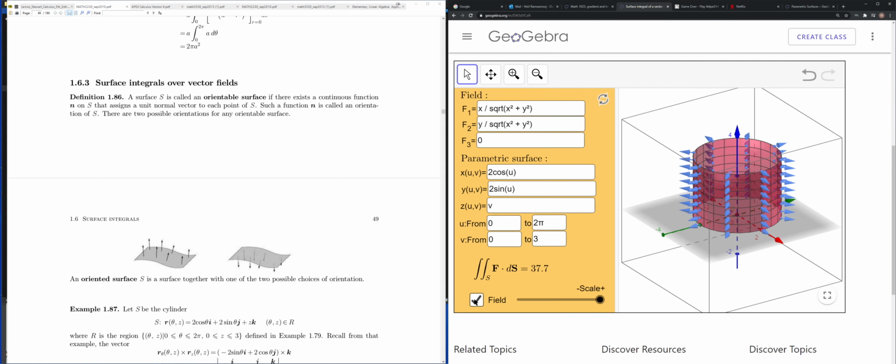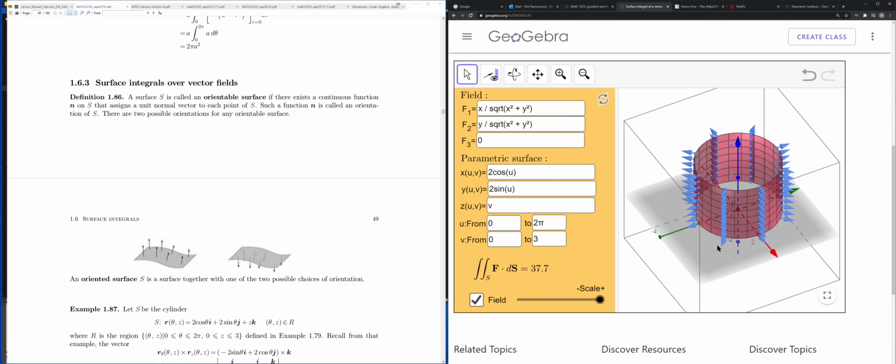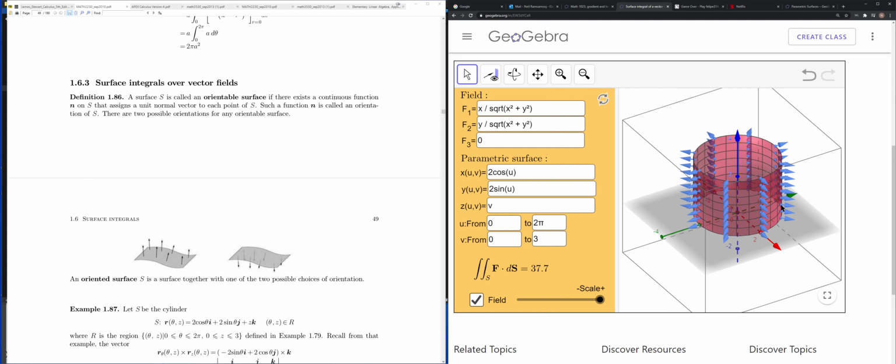And you notice over here, we can in fact assign a unit normal vector to each point on the surface. We call it n, and such an assignment is an orientation of the surface S.